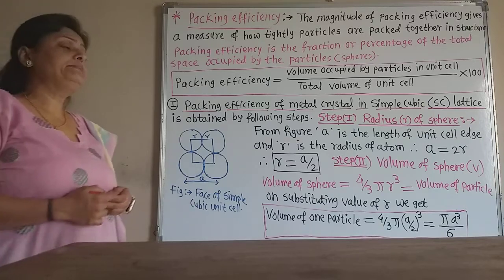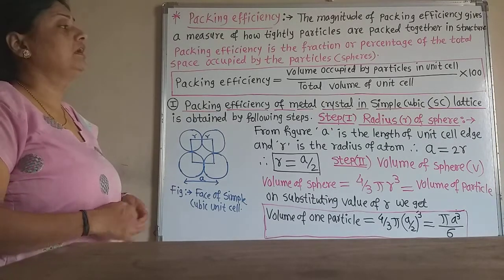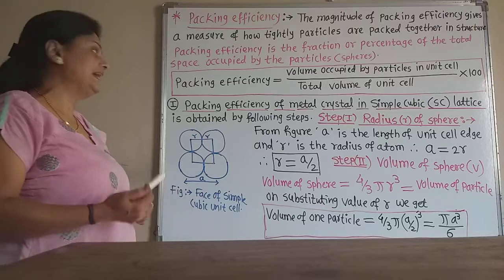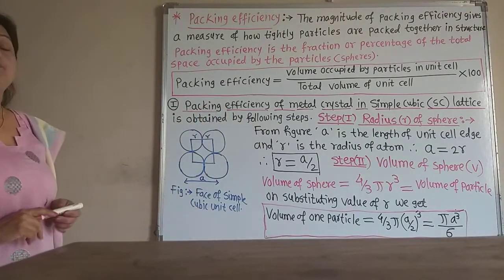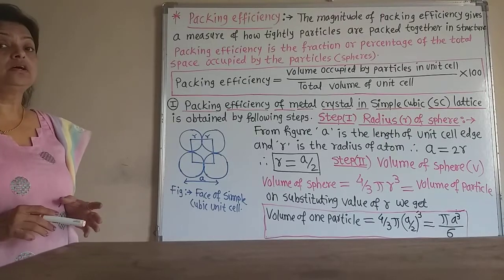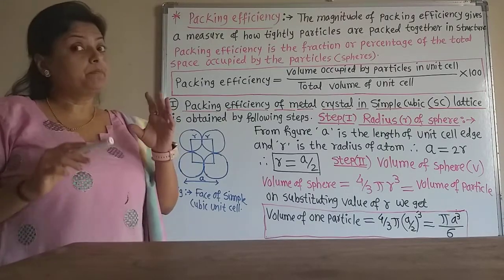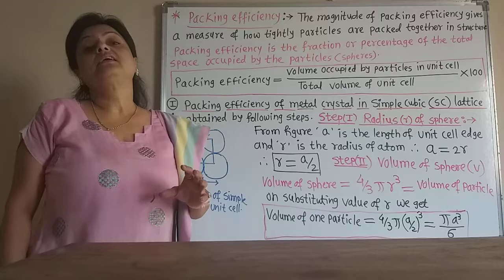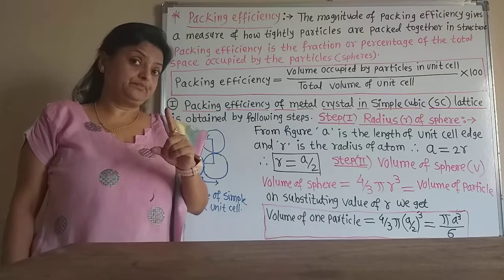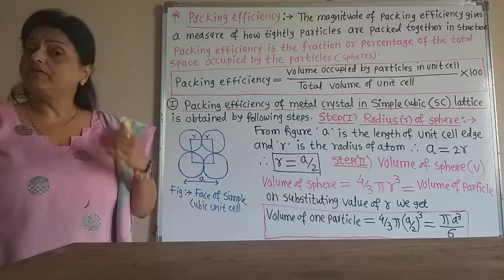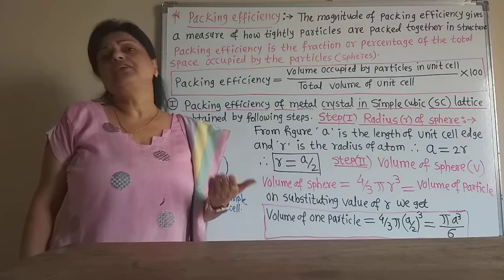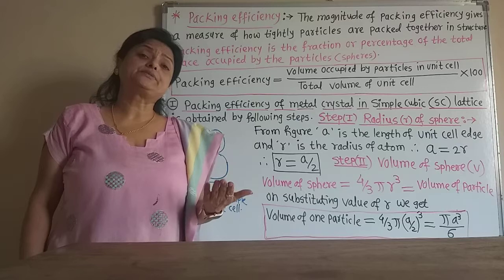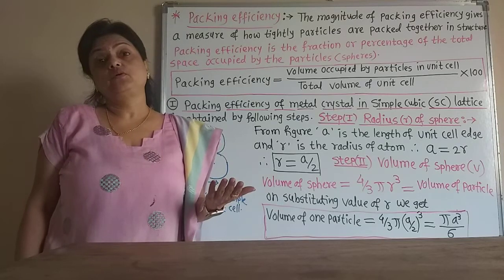The packing efficiency of the metal crystal in the simple cubic unit cell or lattice is obtained by the following steps. First we have to calculate the volume of one particle in that unit cell. We consider the particle as a sphere, and we know the volume of the sphere from the 10th standard.